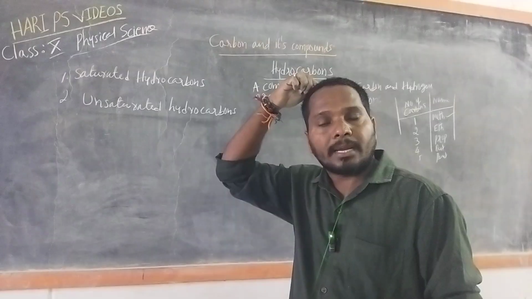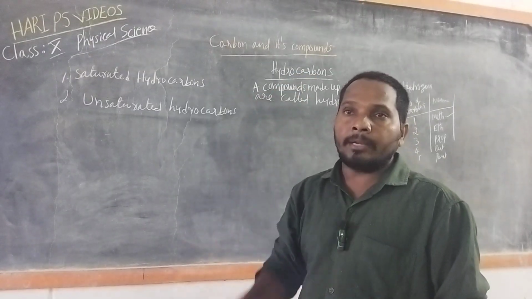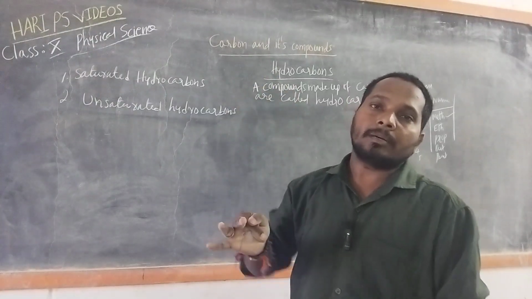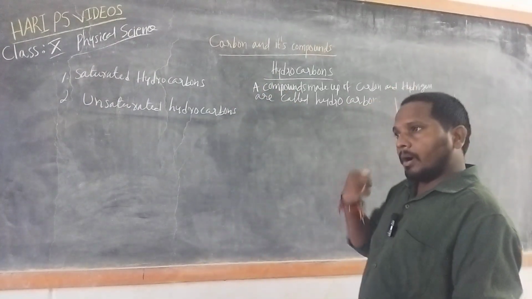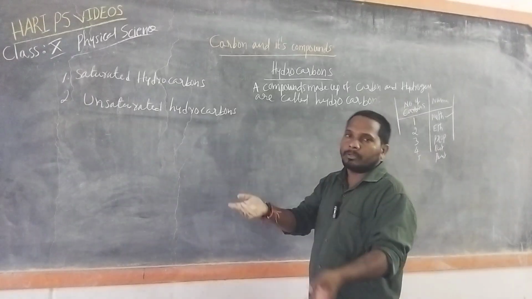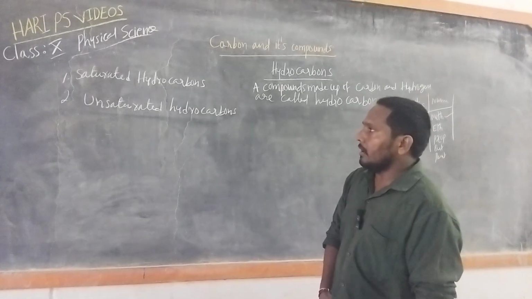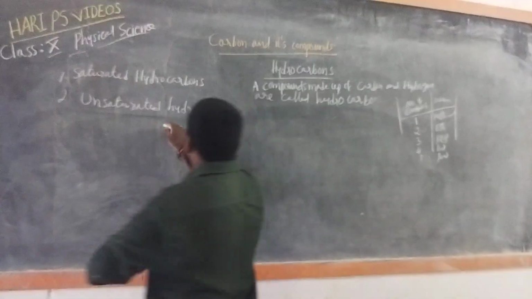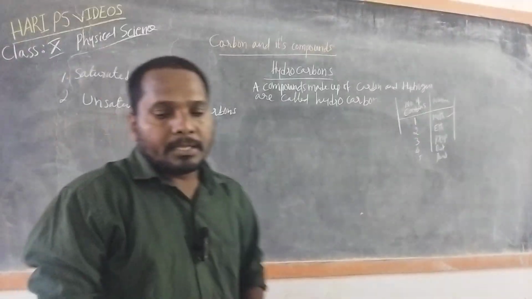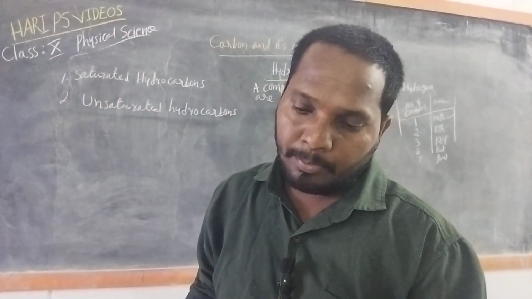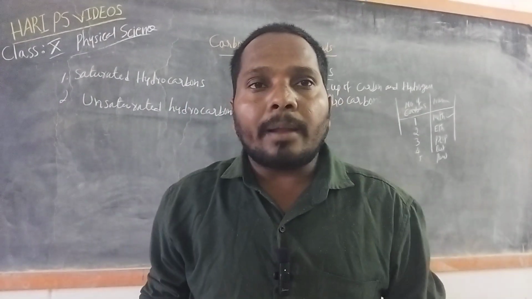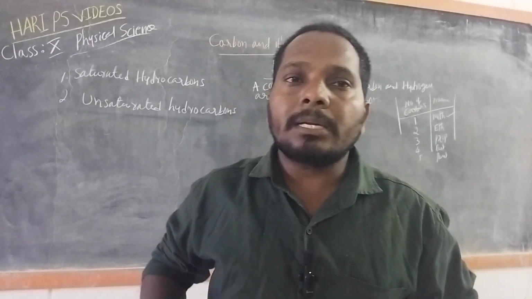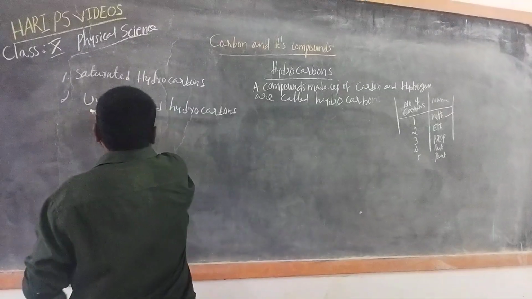In that chapter, there are 3 types of covalent bond: single, double and triple. I will also re-upload the videos for understanding the double bond and single bond. In unsaturated hydrocarbons, the 2 carbon atoms are connected by a double bond or a triple bond.